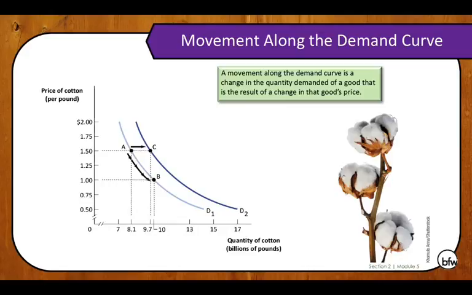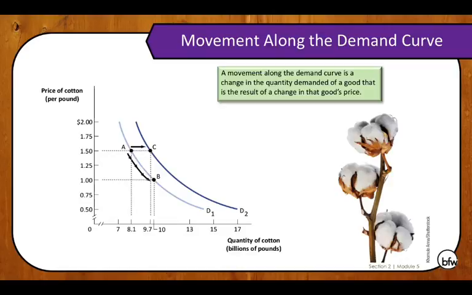So here, let's again look at the difference between these terms. A movement along the demand curve, we said, is a change in the quantity demanded. Not a change in demand, a change in the quantity demanded of a good. Every single point along the demand curve represents a different quantity demanded at different prices. So when we move along the demand curve, this would be reflected as a movement from A to B. Now when we move from A to B, what happens?